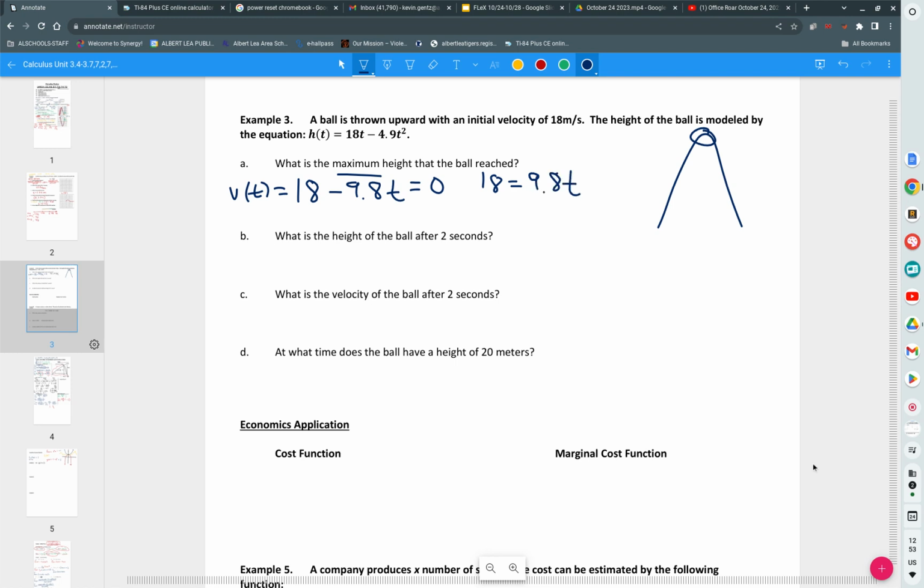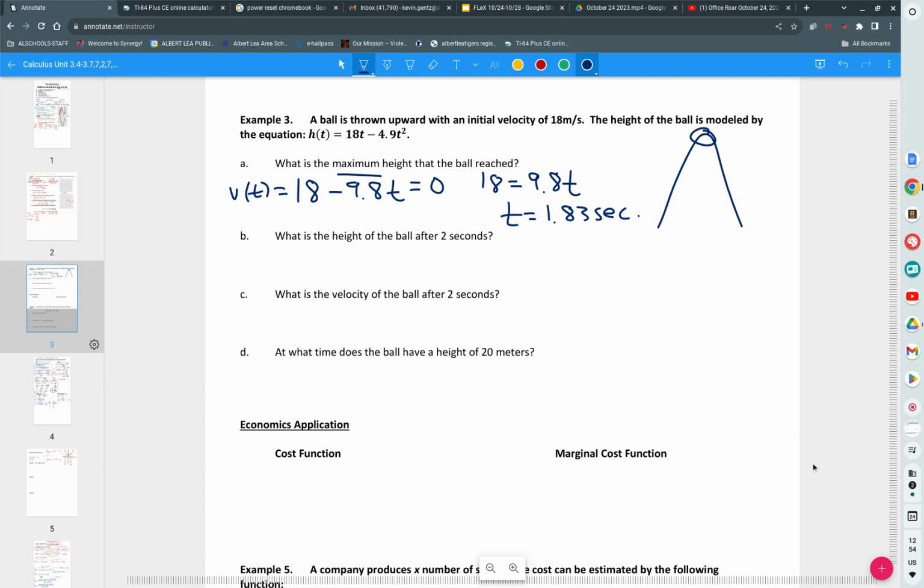Somebody on your calculator, take 18 divided by 9.8. 1.83 seconds. Okay, so you tell me, what is the velocity at 1.83 seconds? 0.